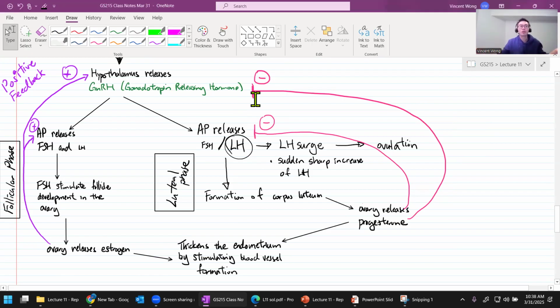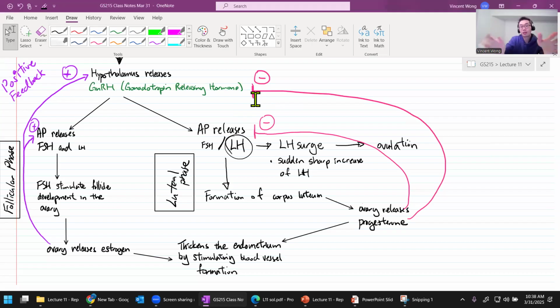How long do you think sperm can stay in the female body? Normally speaking, how many days? 2 to 3 days, yes, optimally 3 to 5. After that, they die off.